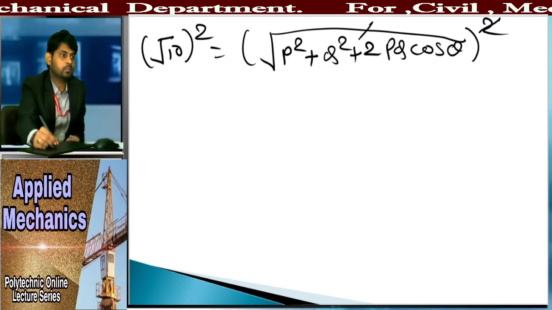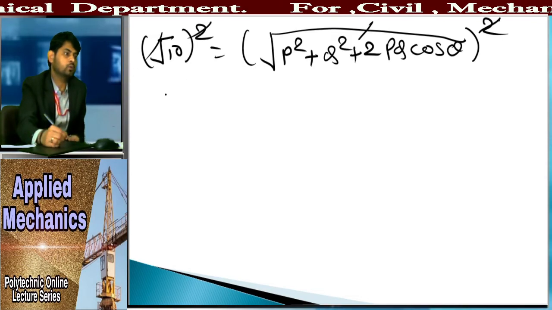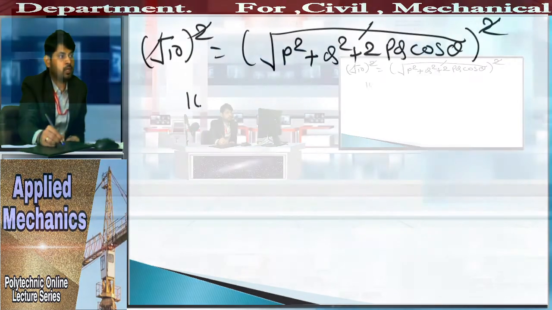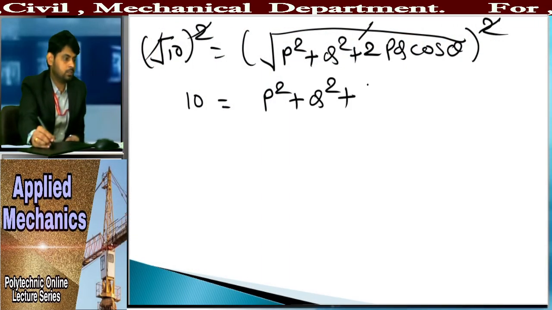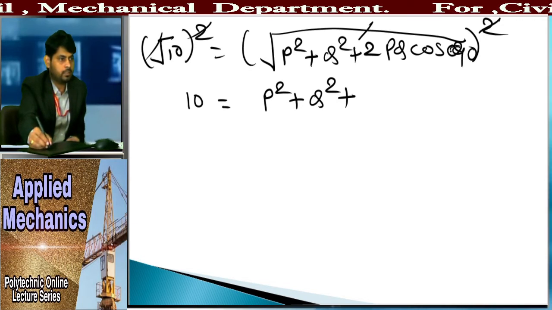Now this square root will get cancelled, this square root will get cancelled. So here 10 is equal to P square plus Q square plus 2PQ cos of 90.